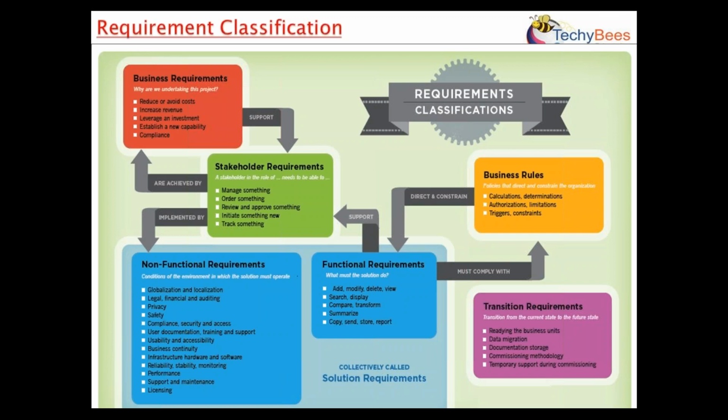Next, you have transition requirements. In transition requirements, you ready the business unit when you have to transition from one platform to another, one operating system to another operating system. You must know how to migrate the data and migrate the content. And then the commissioning methodology. Commissioning means slowly; you cannot do it within a day.